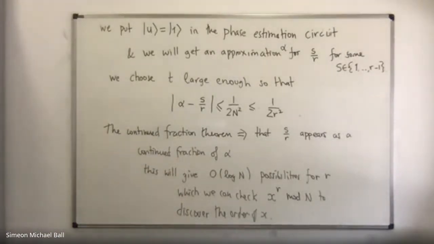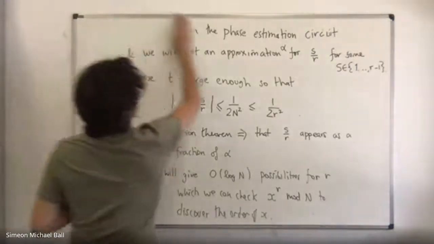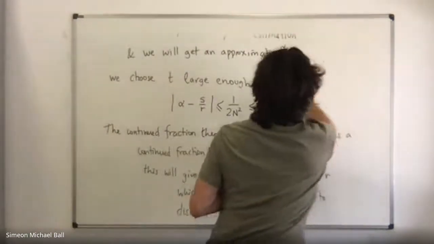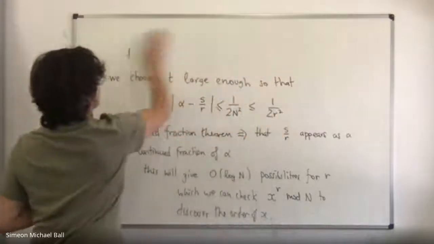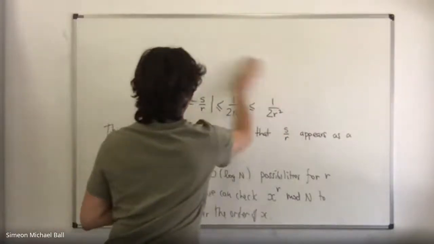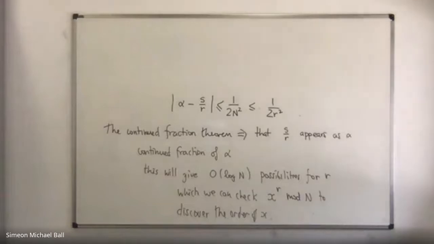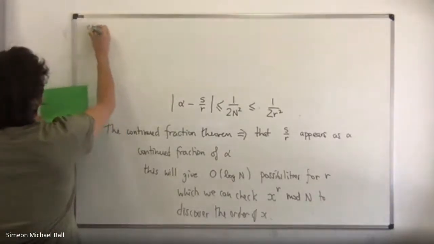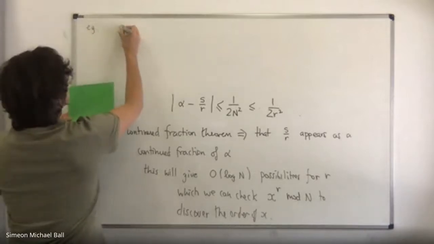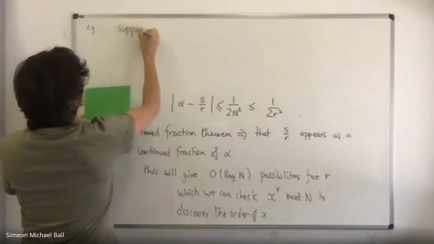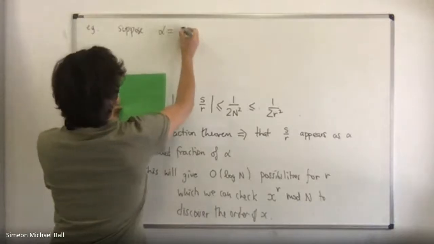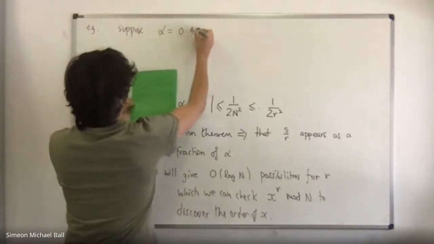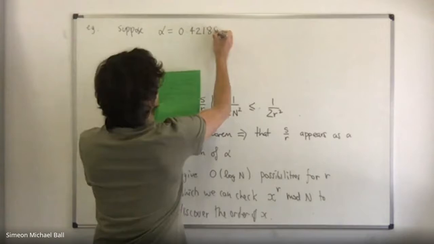Okay, so let us suppose alpha is 0.42188.